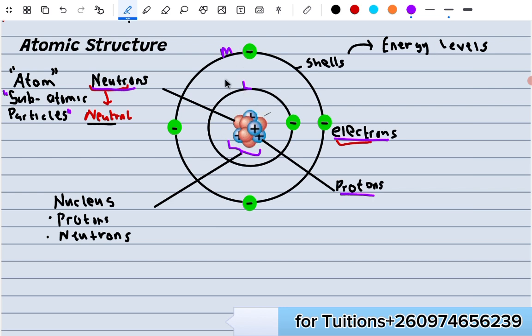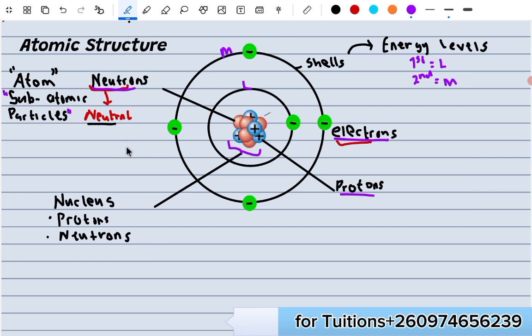The first shell is denoted by the letter L, and the second shell will carry M. As you go on, the third shell will carry N, and so on and so forth. So you have these energy levels, these concentric rings that are surrounding.